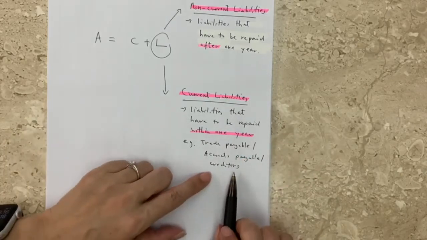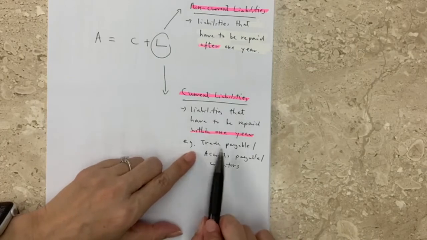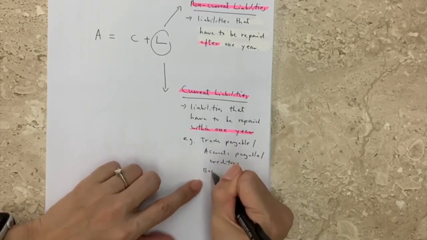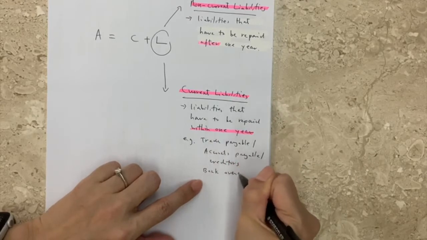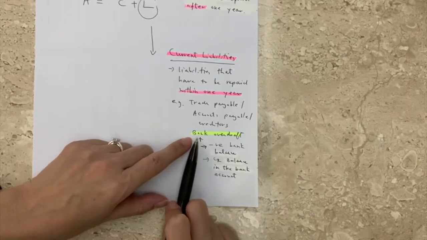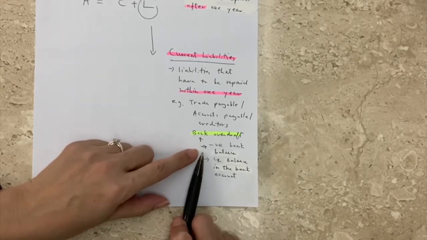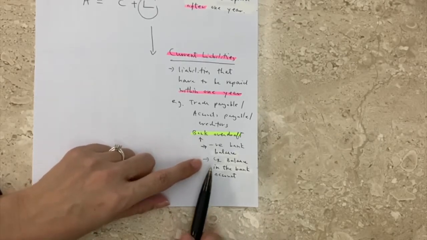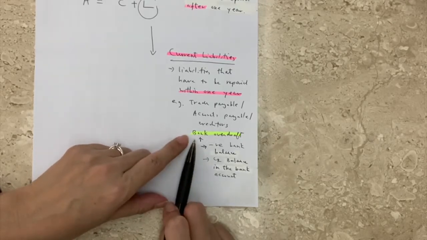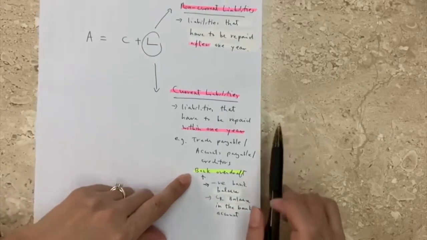Very often in DSE we use the term trade payable. All right, and then we may have this bank overdraft. This bank overdraft means that when there is a negative bank balance, or a credit balance in the bank accounts, then we have a bank overdraft, and which is a kind of current liability.